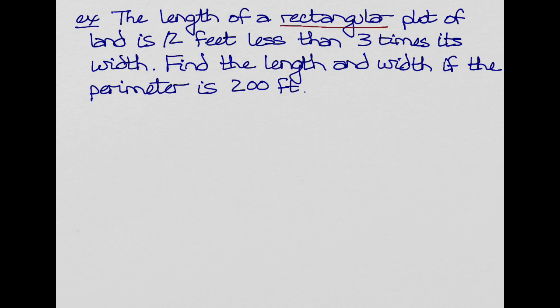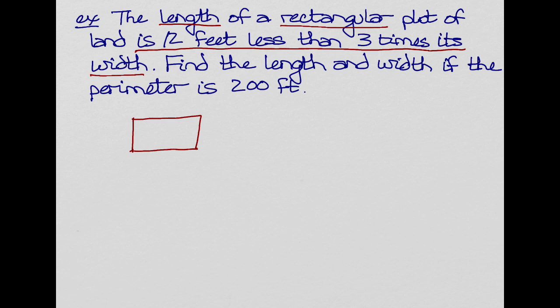The reason I'm going to home in on it is because I know what a rectangle is. So I'm going to draw a picture, and I'm going to see what I can label. I know I have a length and a width for a rectangle. I'm going to notice the length is, if I sort of rearrange the words, the length is 12 feet less than 3 times the width.